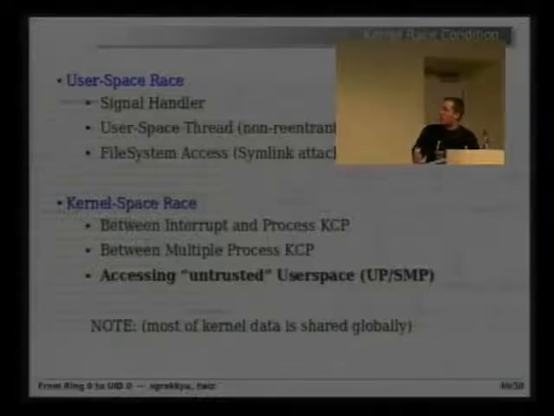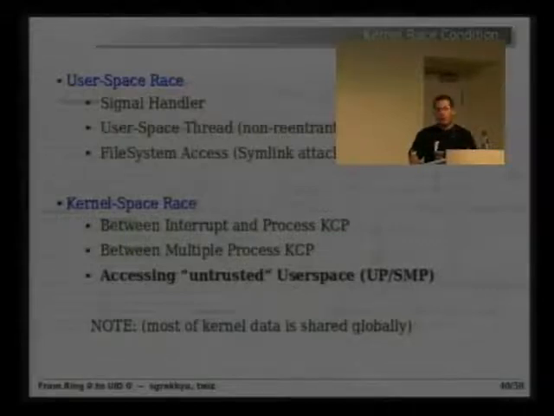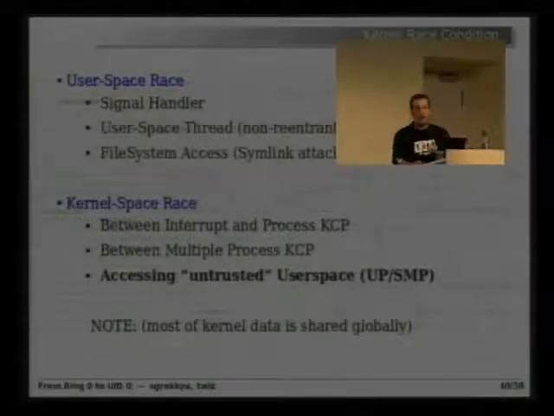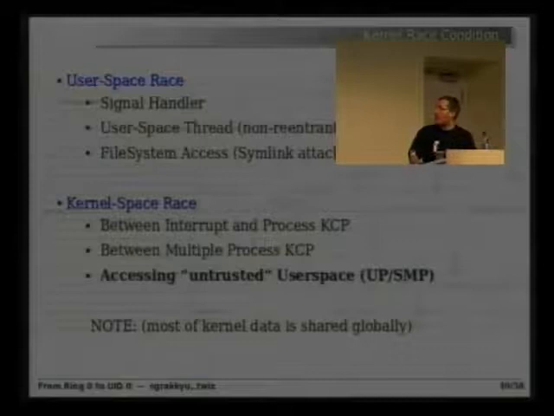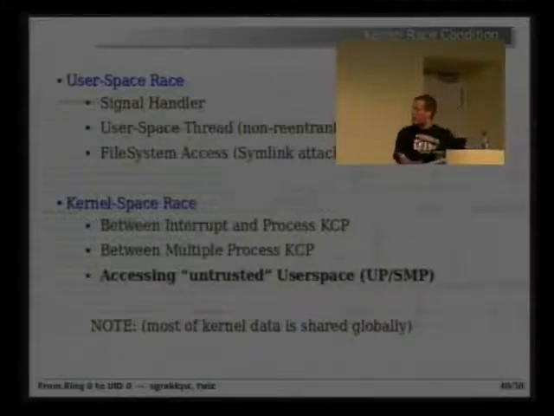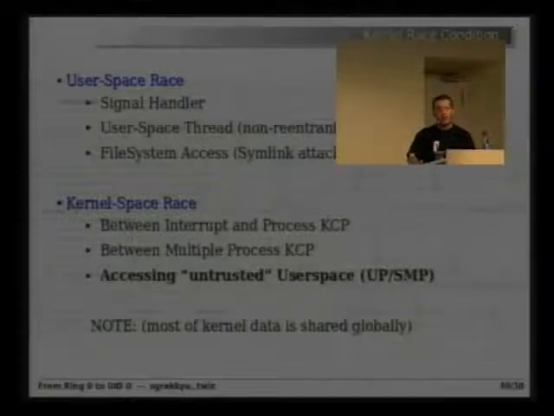We have different types of race conditions: between multiple processes, between interrupt and process context, or between multiple process contexts accessing user space. We deal with the user space case on a uniprocessor system because it's more difficult to exploit this type of vulnerability than on a symmetric multiprocessor system, because there is one processor and one process running at a time on the computer.